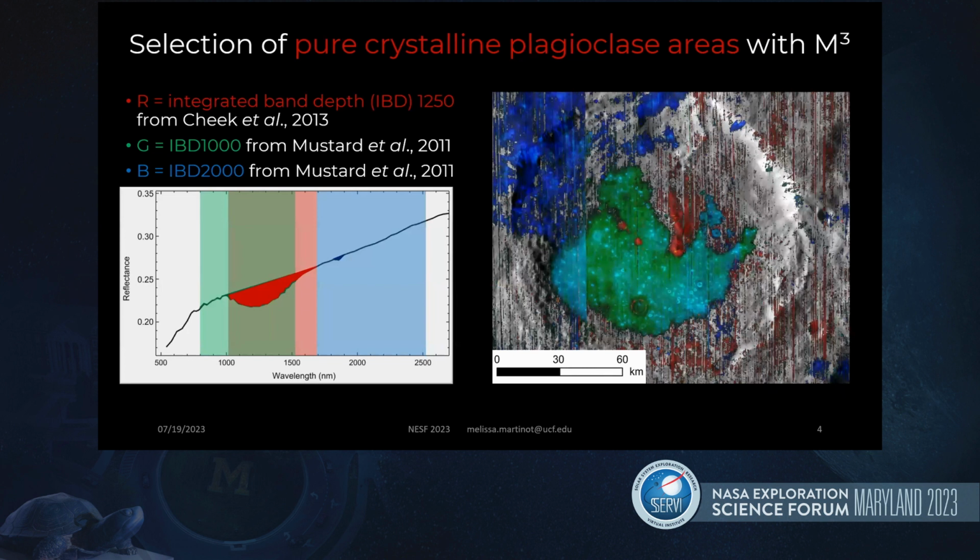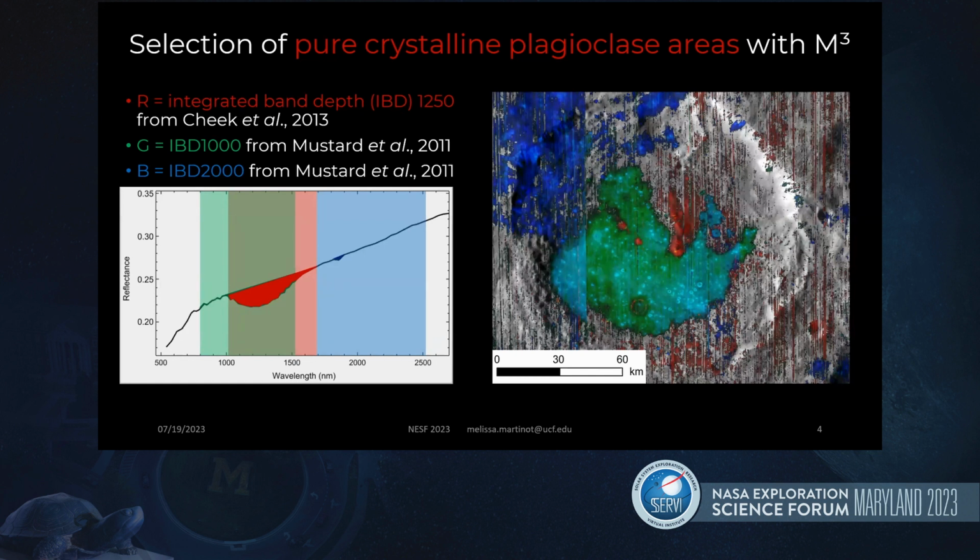First of all, we make mosaics with the M-cubed, or Moon Mineralogy Mapper, data. And we calculate a series of spectral parameters, which are shown here: the integrated band depth, or IBD, at different wavelength ranges. IBD 1250 calculates the integrated band depth, or area, of the absorption band in the red interval here.